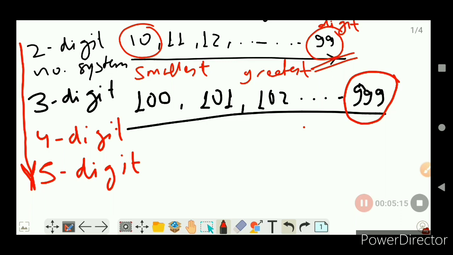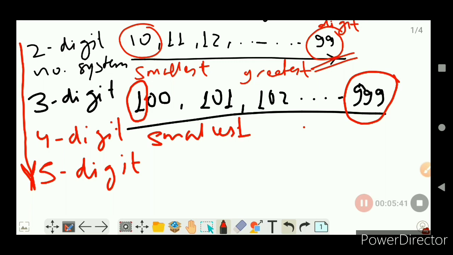And one more thing has to be noticed: the numbers going from smallest to greatest have the leftmost digit going from smallest to greatest, right? For example, here it has started from 1.